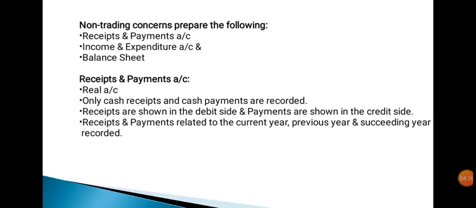And the rule for real account is debit what comes in and credit what goes out. Only cash receipts and cash payments are recorded in this account. Receipts are shown in the debit side and payments are shown in the credit side. Receipts and payments related to the current year, previous year, and succeeding year are recorded.